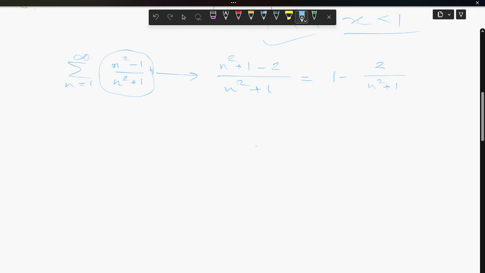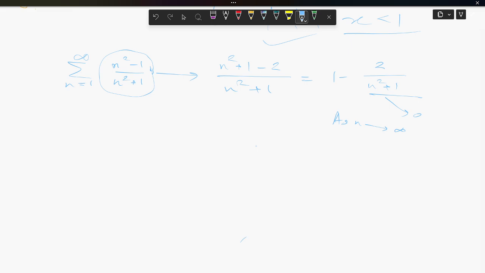So as n tends to infinity, this term will go to 0. So the general term behaves like 1. Thus, the series diverges by the divergence test, since the term does not tend to 0.